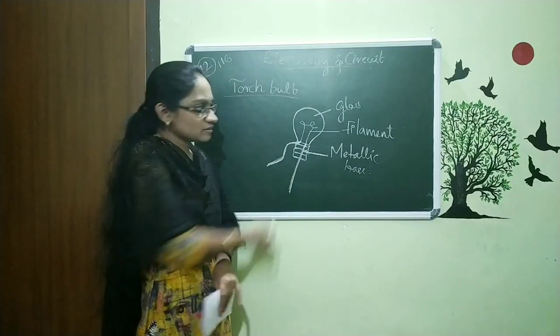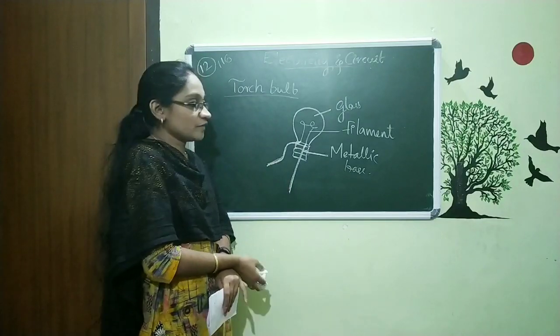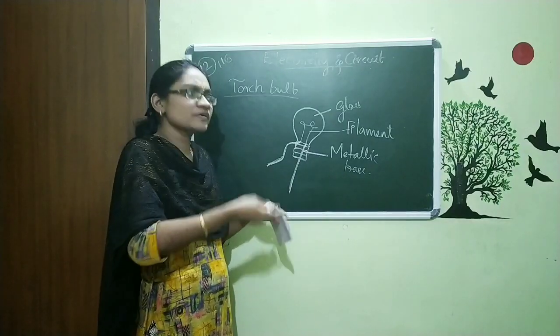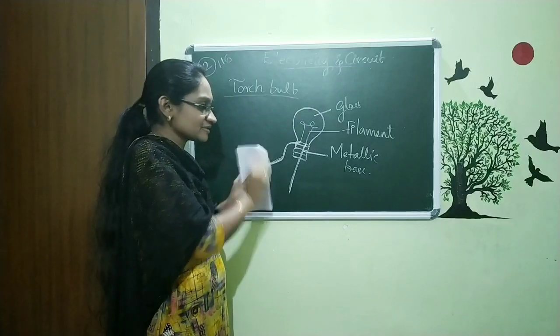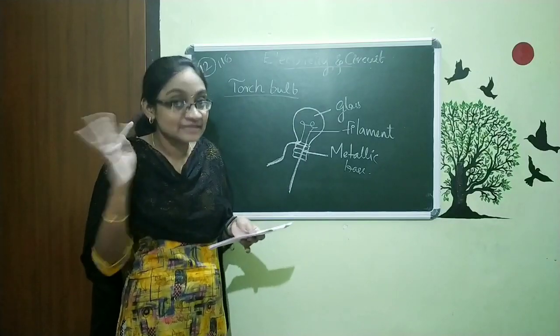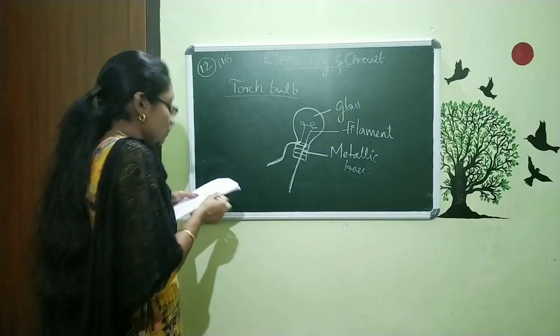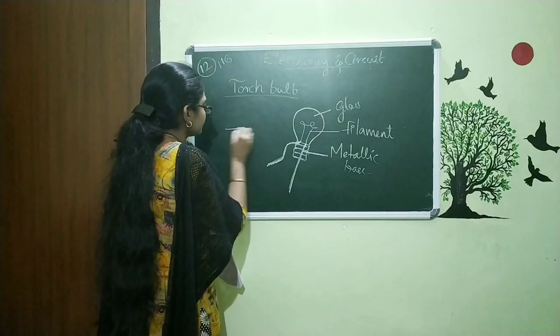And now, will this bulb give light? No, we want to connect this to a cell, or to some sort of circuit. That means we want to connect this to any type of electric supply. Here I am going to connect this to a battery.